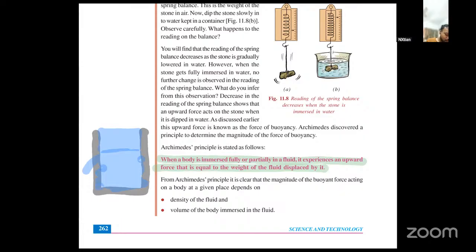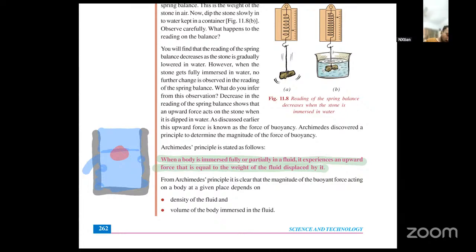So you can see this. Now the thing is fully water. Now I put a stone in it. So when I put a stone in this, you will see the water will spill and come out of the container.